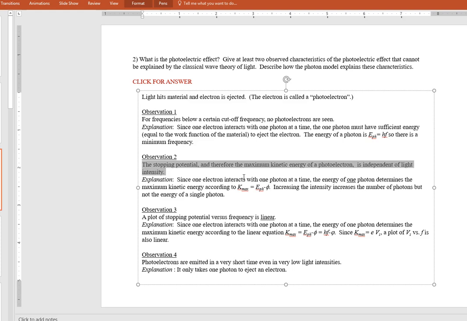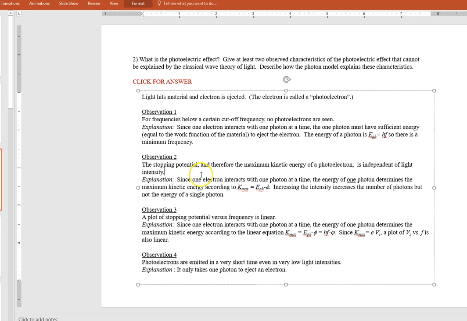Or if you decrease the light intensity, you don't see a decrease. So this stopping potential is independent of light intensity. It's quite interesting to see that, because again, the wave model of light doesn't support that.